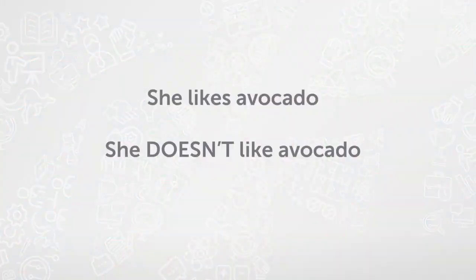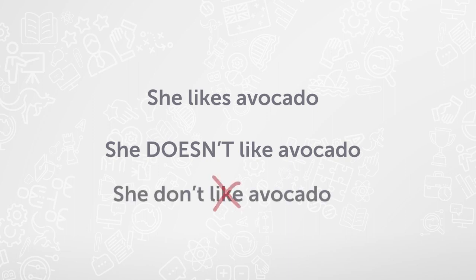The exact same happens for doesn't, which really is the same as do, but we only use it for he, she, it. For example, if we say she likes avocado, then the opposite is she doesn't like avocado, not she don't like avocado. That sounds really bad.